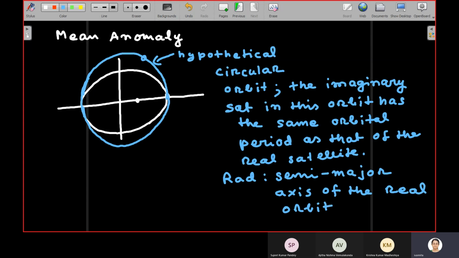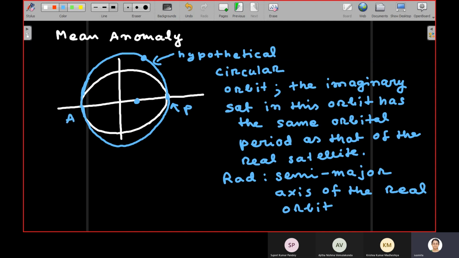Okay, then the angle that the imaginary satellite makes. So this is the point of perigee, denoted P, because the Earth is here at this focus, and this is apogee.